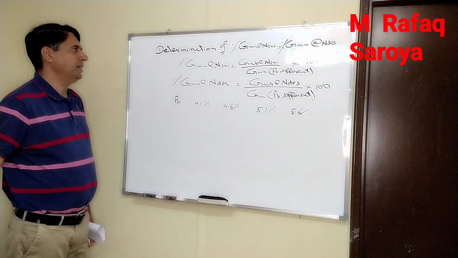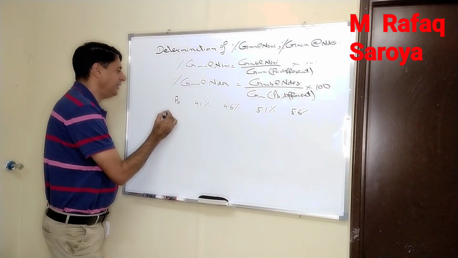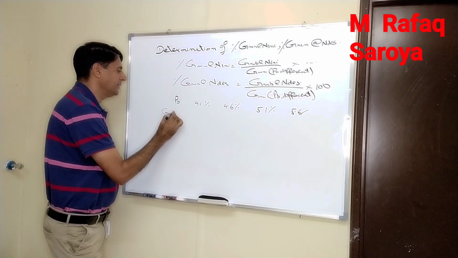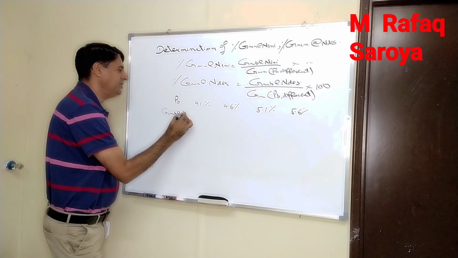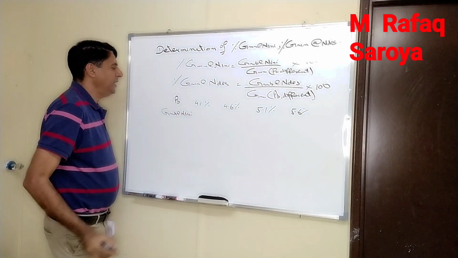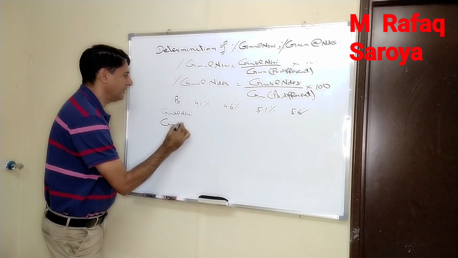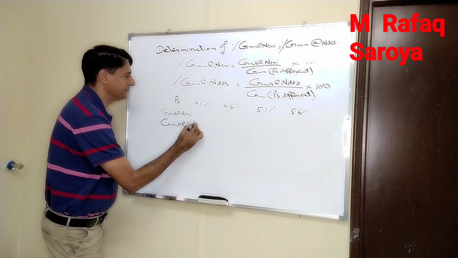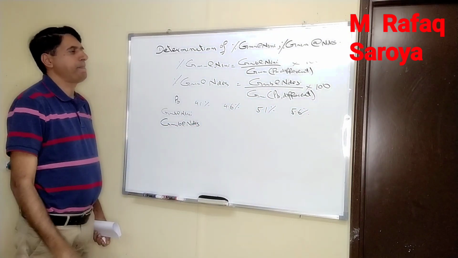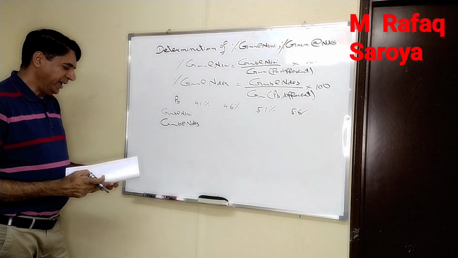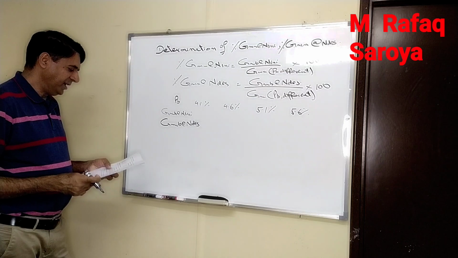With each of these, we have calculated the value of Gmb at initial, and the value of Gmb at N design for each binder content. Let me write down these two values, then I will explain it further.